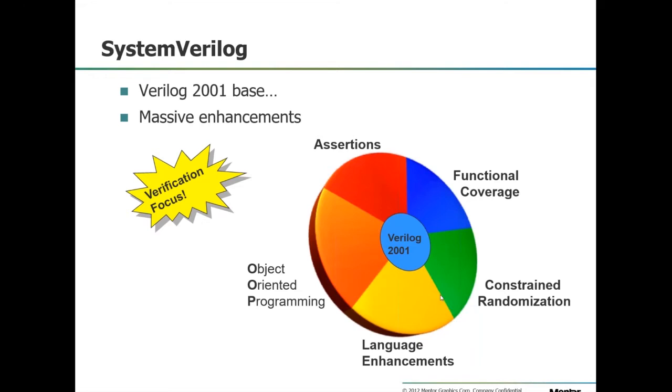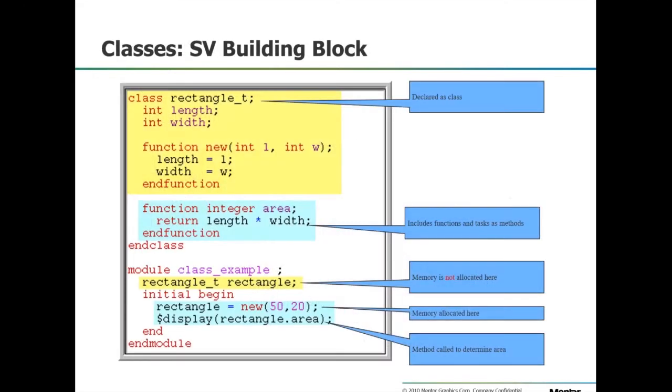So let's look real quick at some SystemVerilog code. This is giving you a little insight into how SystemVerilog works. The base object in SystemVerilog is called a class. A class, if you're not familiar, is like a record type in VHDL, in that it is an object which contains data elements.